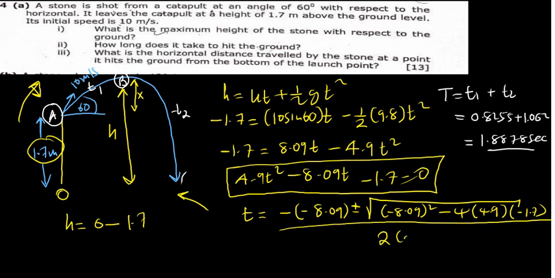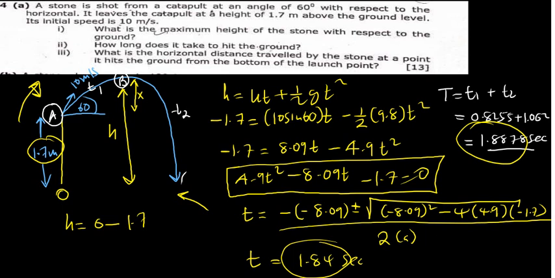So when we work this out, we are going to find that the time is 1.84 seconds, or more or less the same. And the reason they differ slightly in the two equations is because of rounding, like 10 sin 60 is not exactly 8.09.